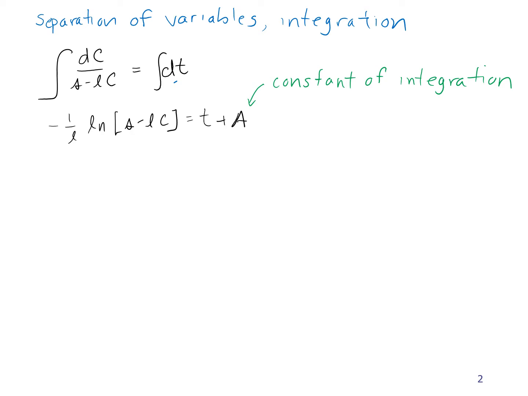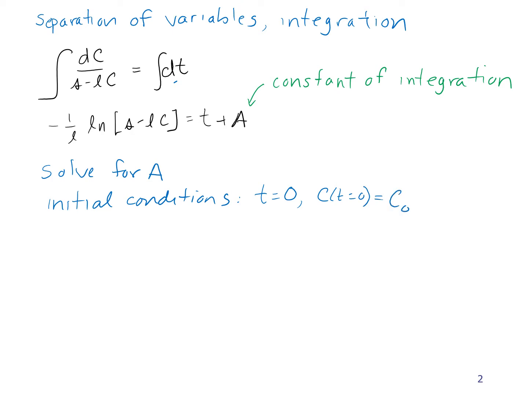Well, now we need to solve for A. I need to set some kind of initial conditions. We're going to say that at time 0, the concentration is equal to C naught.